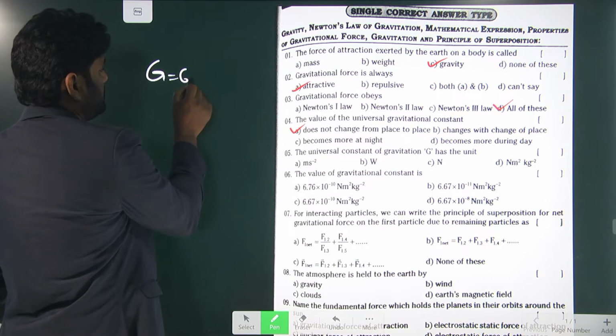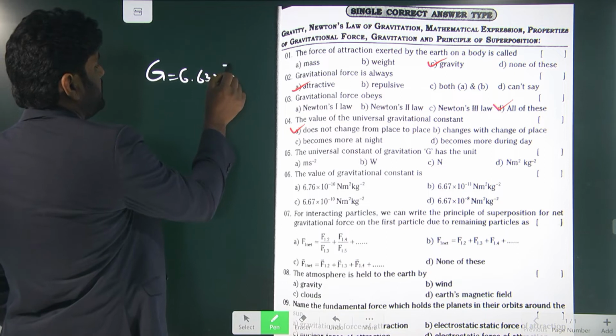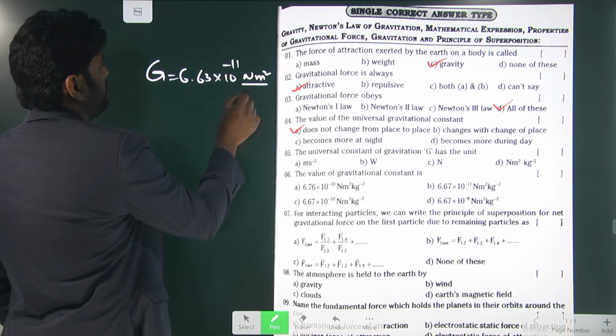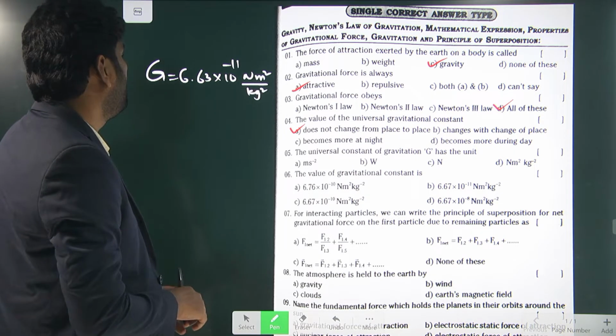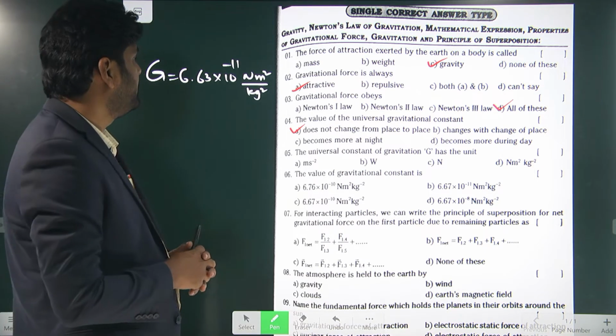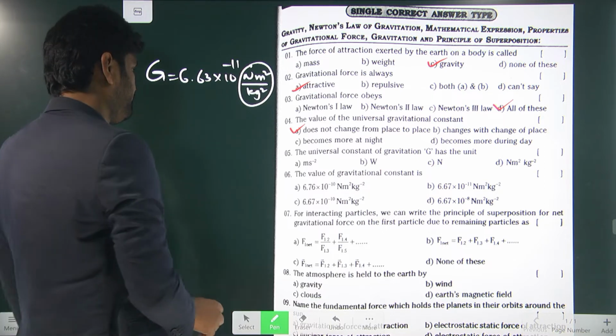G equals 10 power minus 11 Newton meter square per kg square. This is the value for the capital G, and the units for the capital G are Newton meter square per kg square.